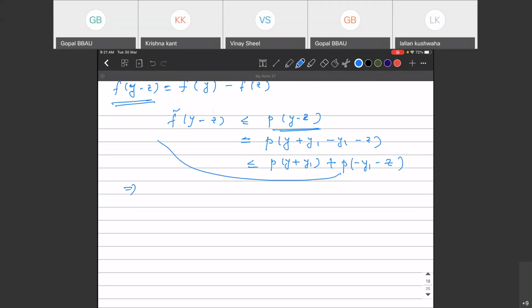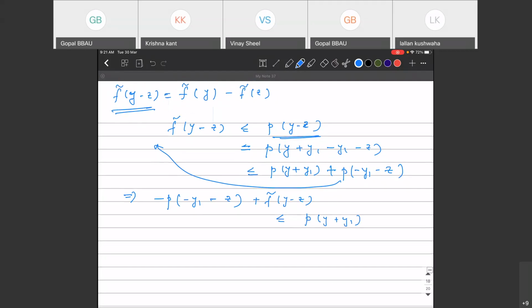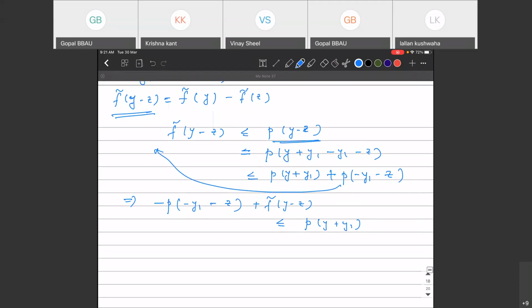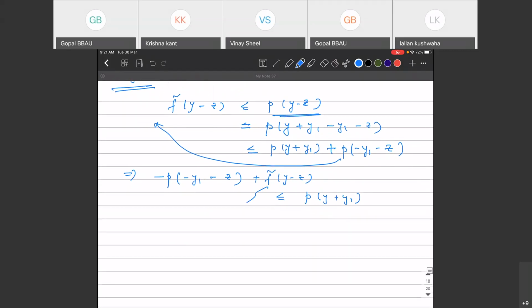If we bring this to the left-hand side, we get this inequality: p of minus y1 minus z plus f tilde y minus f tilde z is less than or equal to p of y plus y1.